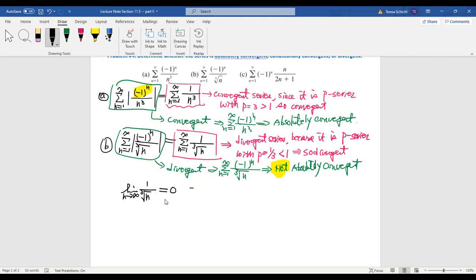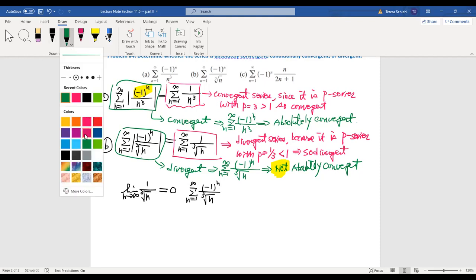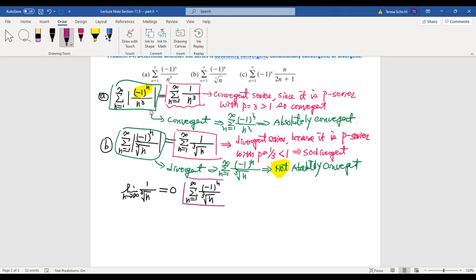Because this approaches 0, for the sum from n equals 1 to infinity of negative 1 to the n over n to the cube root, now I know what happens. So I know this series is a convergent series.